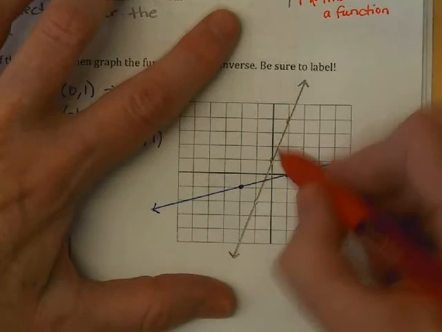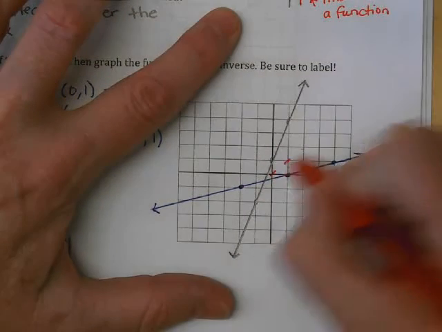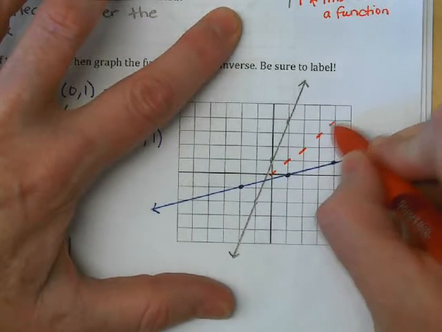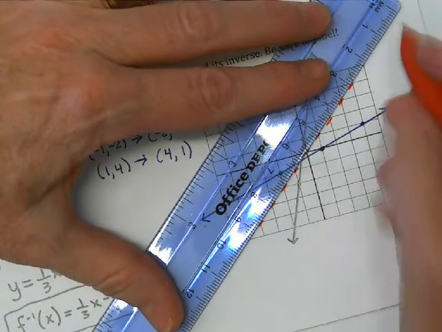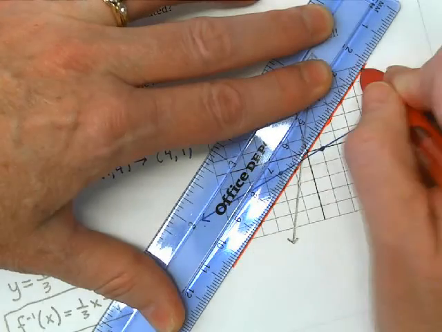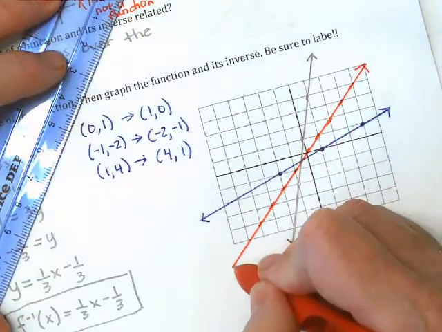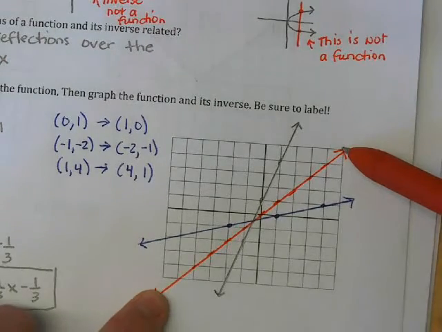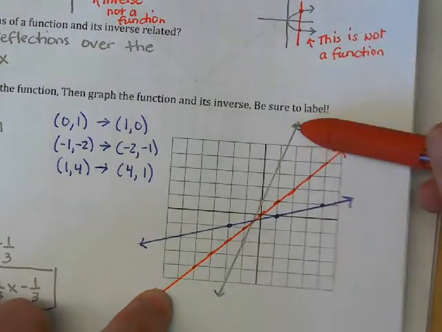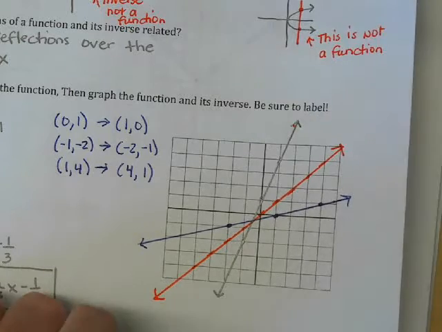Now remember that this is a reflection over the line y equals x. The line y equals x goes right through the origin. The y-intercept is 0, the slope is 1. If I folded my paper right on this red line, this blue line would go right on top of the pencil line.